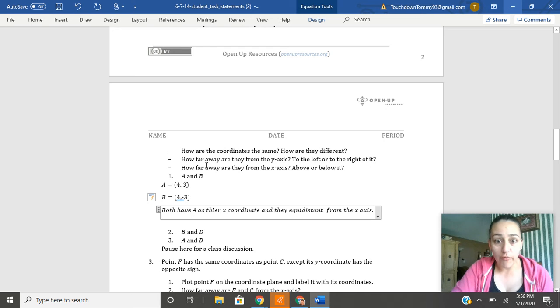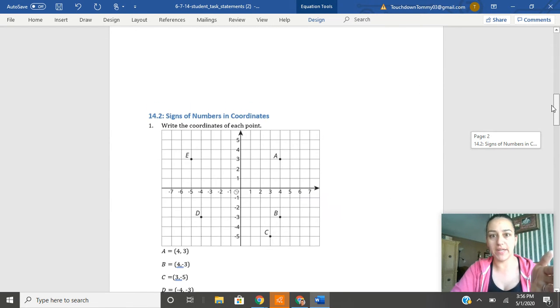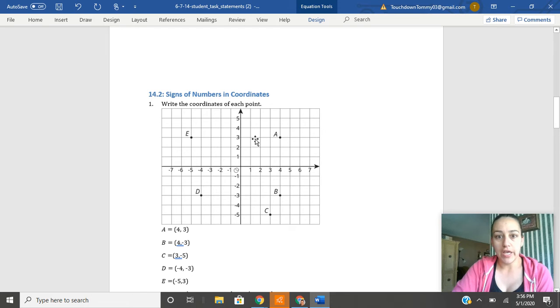Then we're asked how far away from the y-axis, in other words, to the left or right of the dark line in the middle. So this is that y-axis, the vertical. How far away from it are they? Well, it's over 1, 2, 3, and 4, which just so happens to also be that first number that we had.